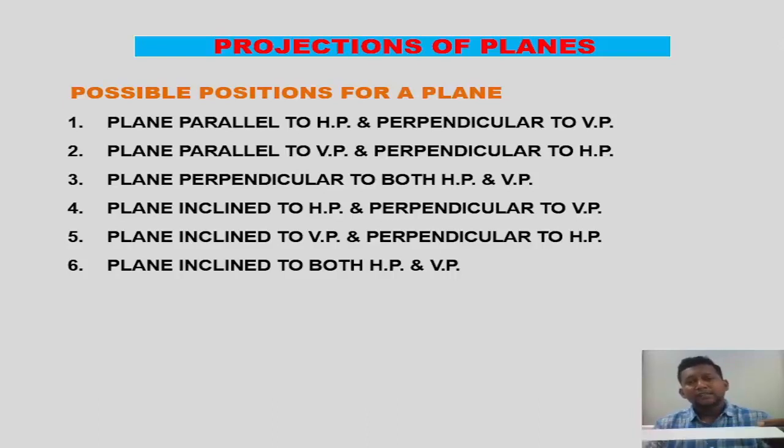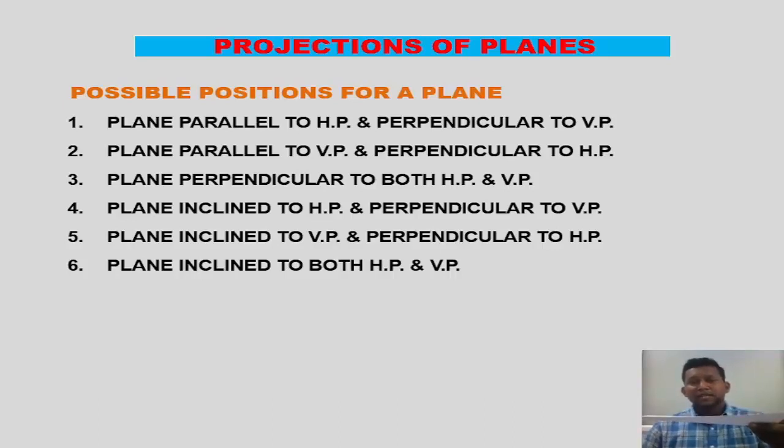When I say that this plane is parallel to HP, all 4 edges of the rectangle I am holding, two longer edges and two shorter edges, or all 4 corners, have the same distance with respect to HP.